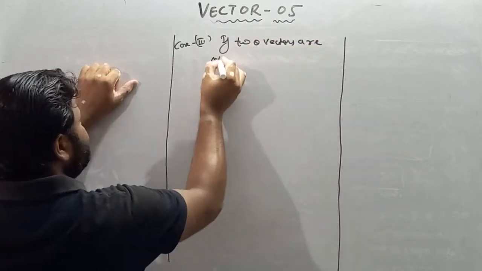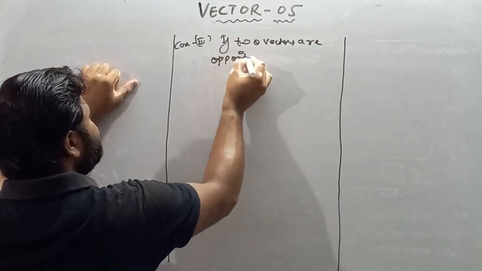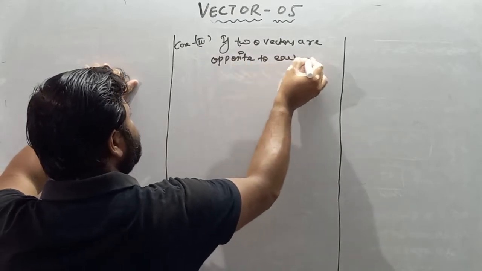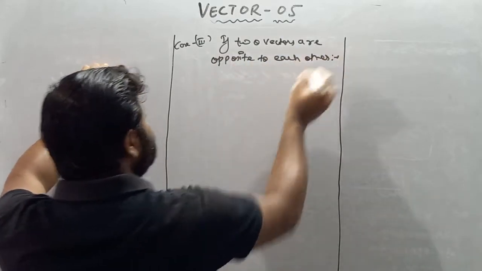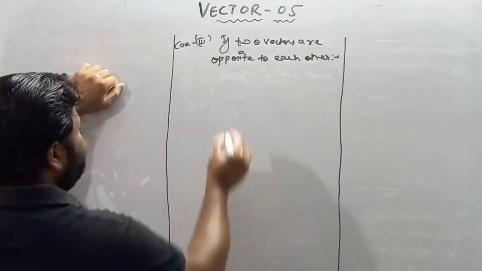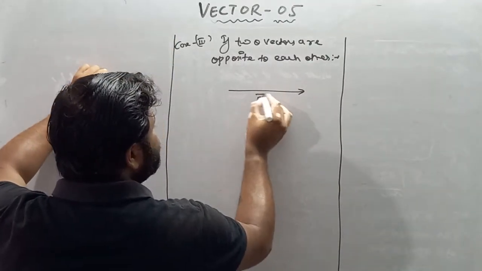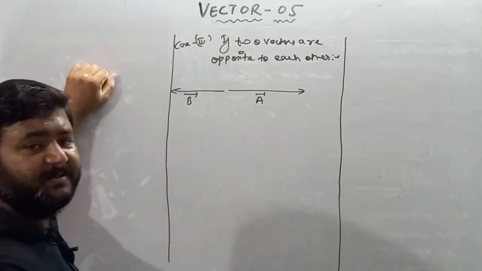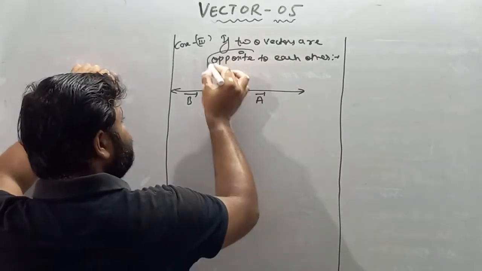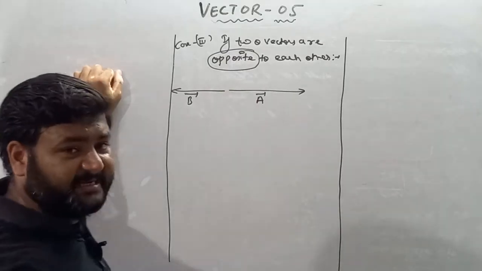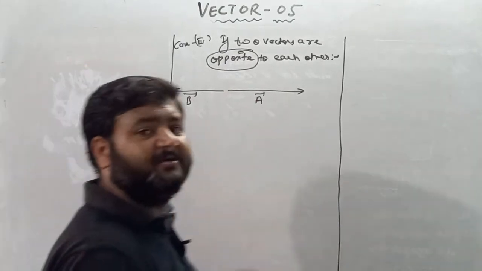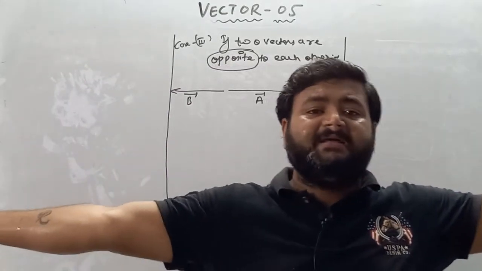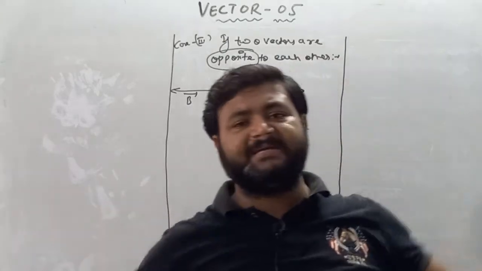See, my dear students, I am saying one vector is, let's suppose, in this direction, A vector, and the second vector is in this direction, let's suppose B vector. So whether the word opposite or anti-parallel is used, you have to understand both vectors are equal in magnitude but opposite in direction.